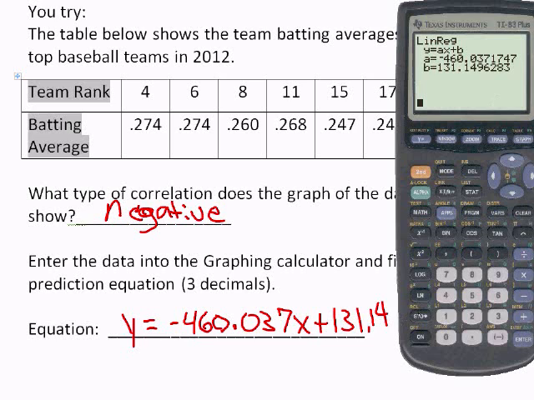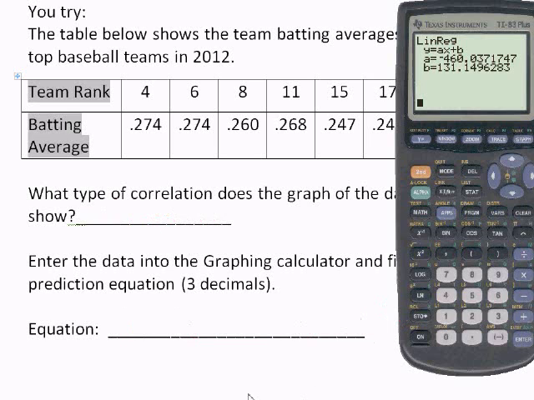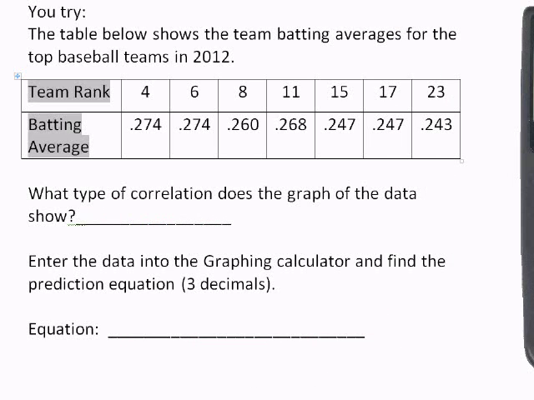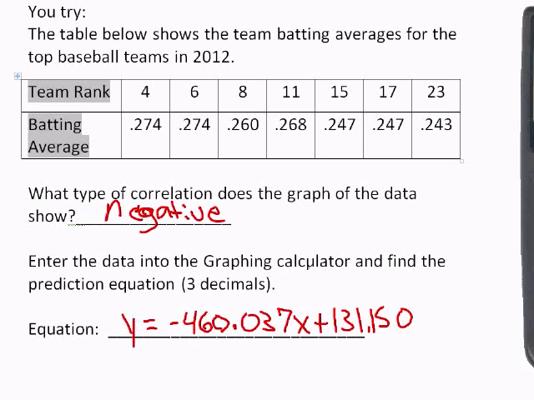Now the 96 is going to round up, so we need to make that 150. So there you go, we've written the equation of the line that passes through those data points the very best possible.